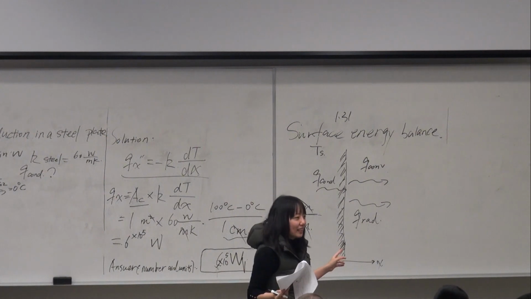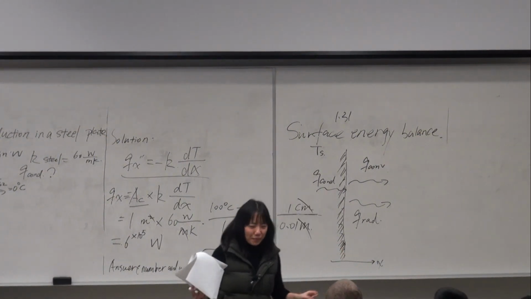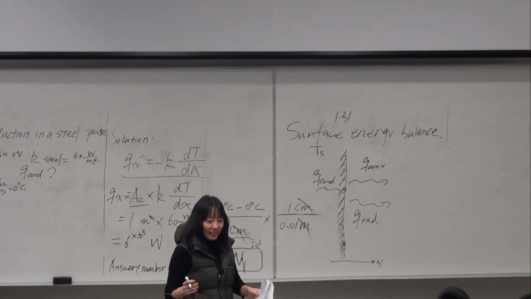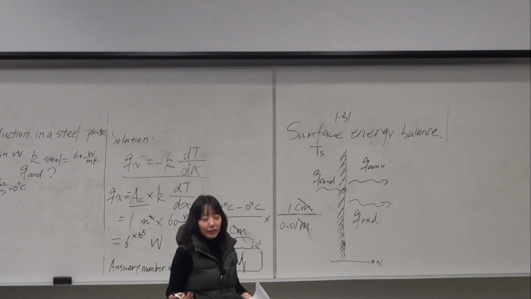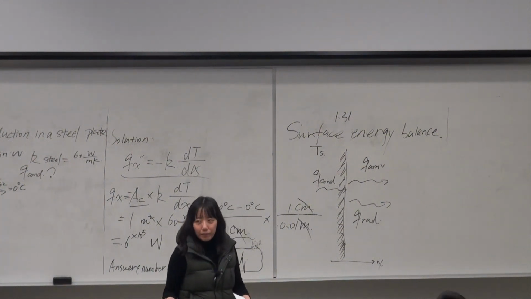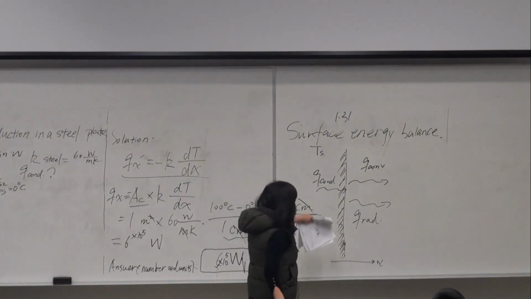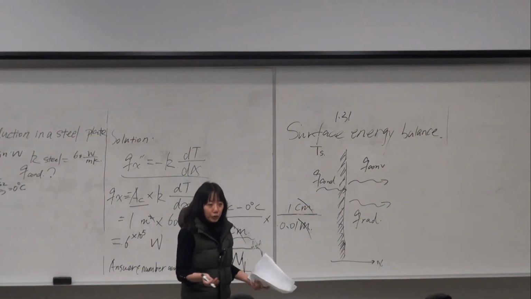First step, energy balance. But before energy balance, there should be one more: define your control volume. That's where we apply our energy rate balance. If we don't define the control volume first, there is no point where we should apply it.